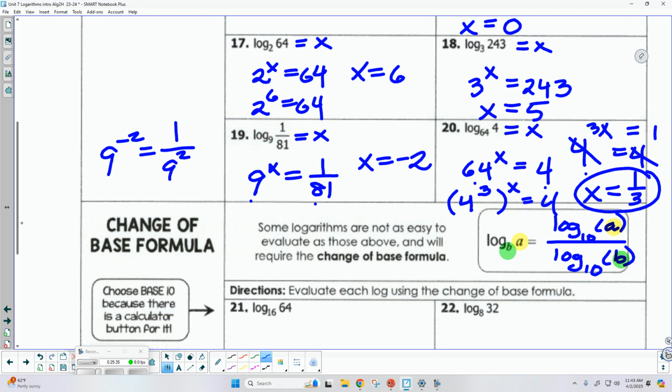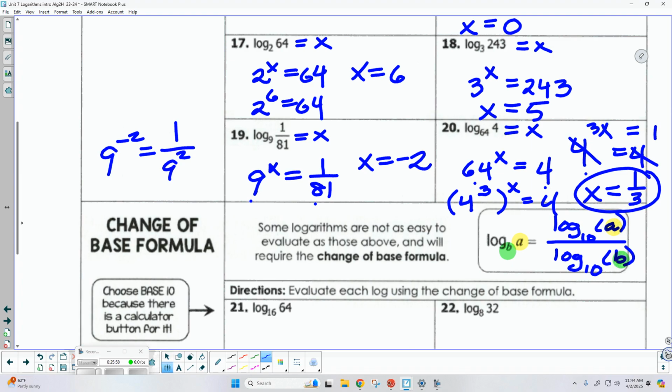And here's our last section today, the change of base formula. Some logarithms are not as easy to evaluate as those above, and they'll require what we call the change of base formula. So here's how this works. If I have log base b of a, I can choose any base that I want. Now, there are two restrictions.